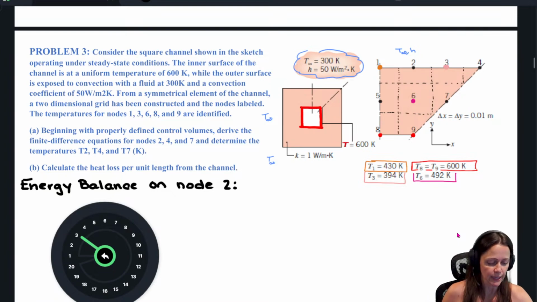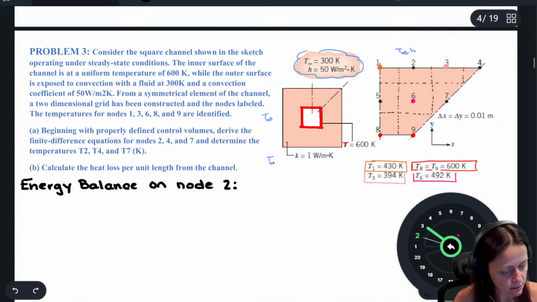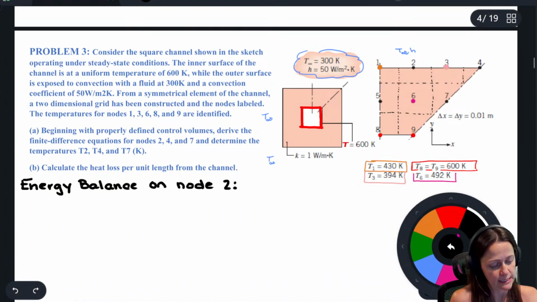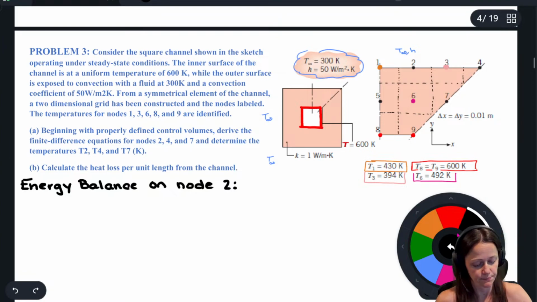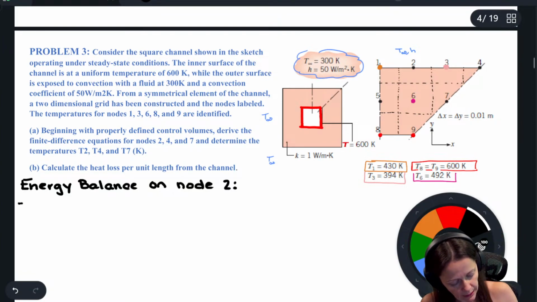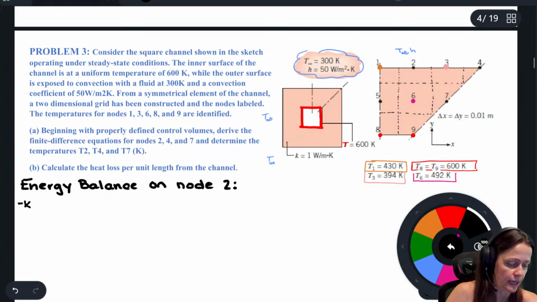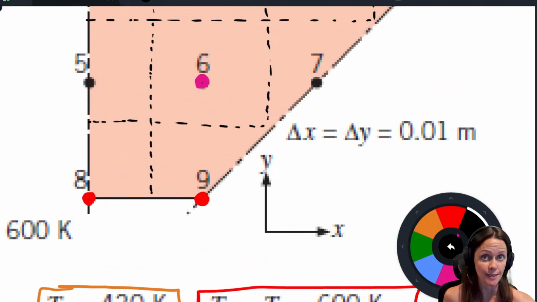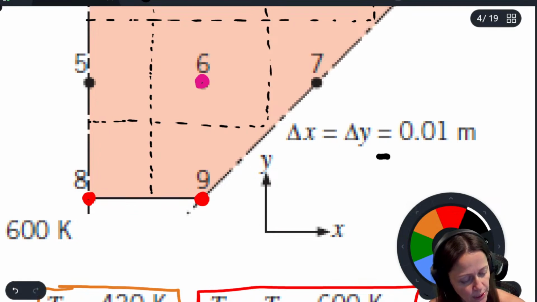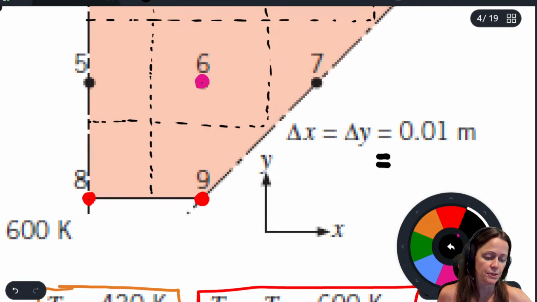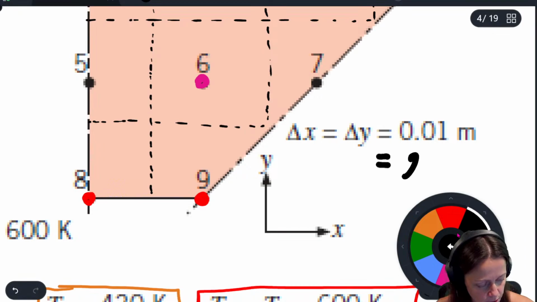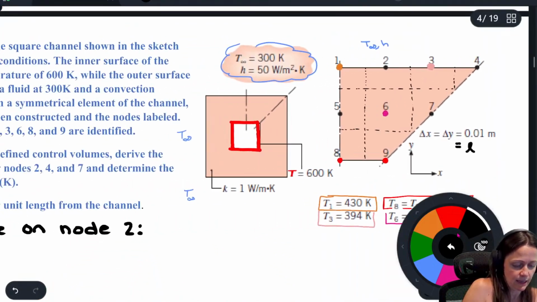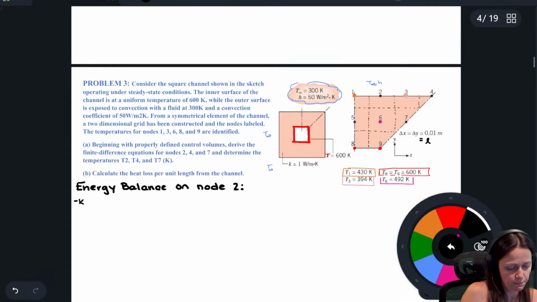So looking at Q by conduction from the left-hand side from node 1, it is going to be negative K. Oh, and by the way, you'll notice that for this particular problem the node spacing is the same, so instead of plugging in 0.01 for all of these, I'm just going to call this L, and that way my equation looks a little bit prettier.